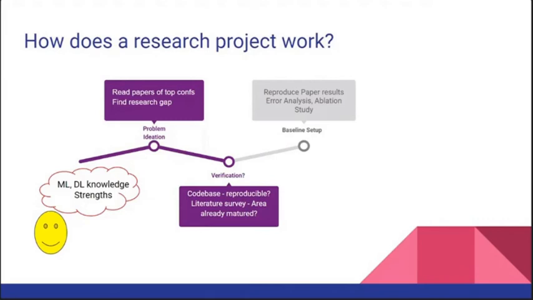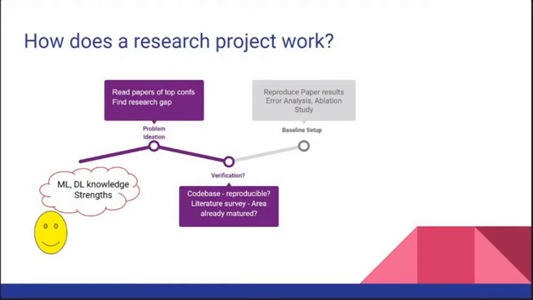Okay. Now usually it is a good idea to select a field which has 2 to 3 baseline models. So do not go with an area where you have only one baseline model. It is very difficult when you try to publish the paper. So at the start, only select areas where you have 2 or 3 baseline models whose code bases are already available.